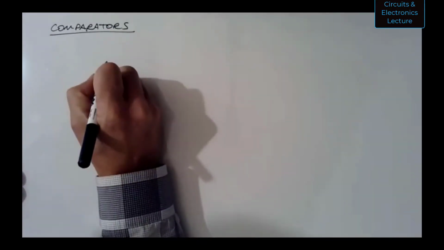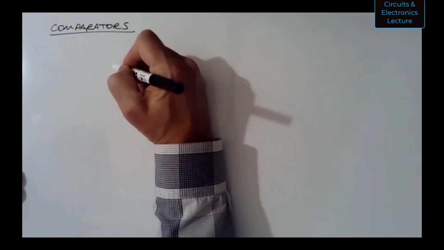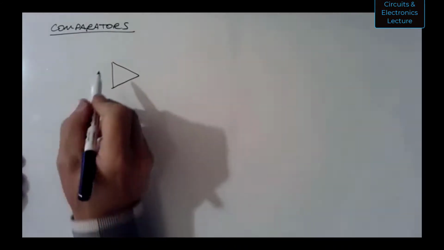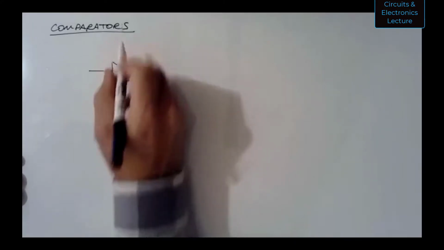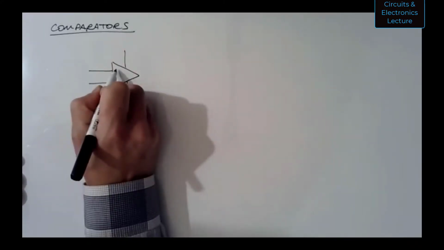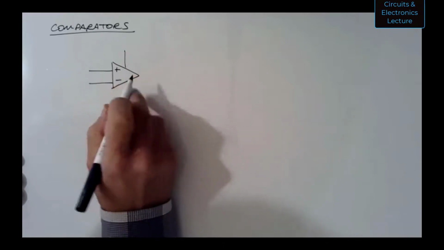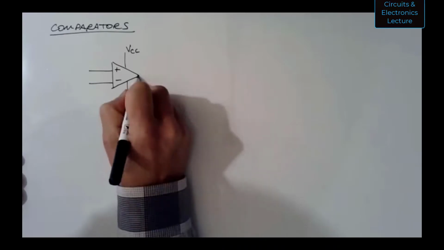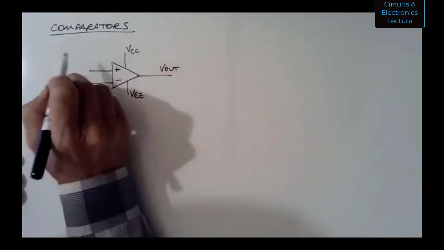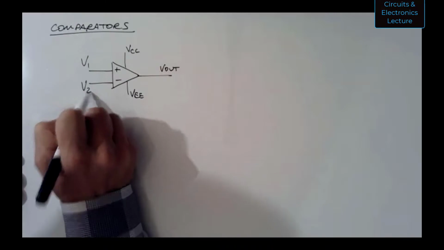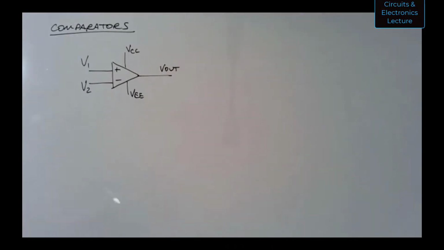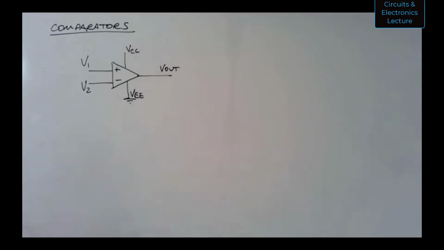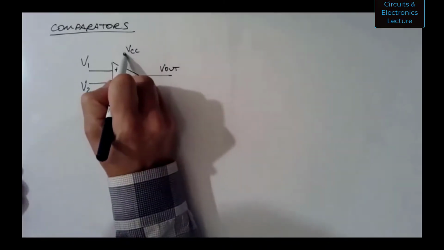So if I have an op amp, let's just talk about the op amp alone, and I'll put some power supply voltages on this also. Let's make VEE equal to 0 volts, I'm going to ground VEE, and let's make VCC 5 volts.